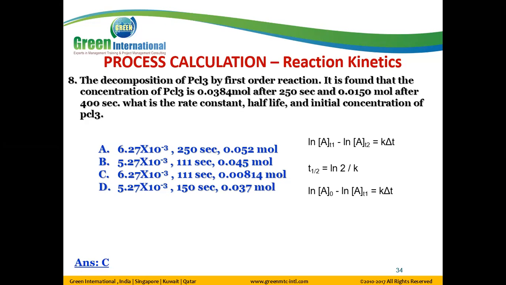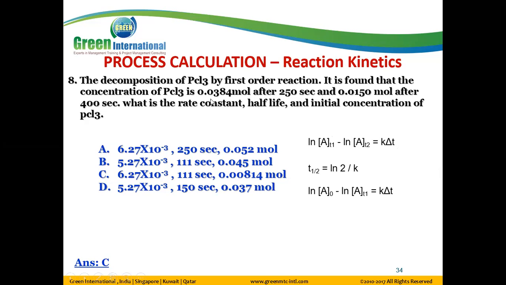We know we have ln A1 minus ln A2, which is nothing but K into delta T. The t half we need to calculate is nothing but ln2 by K. How do you know the K? You can substitute in this equation. The change in time is 400 minus 250, that's 150 seconds delta t.